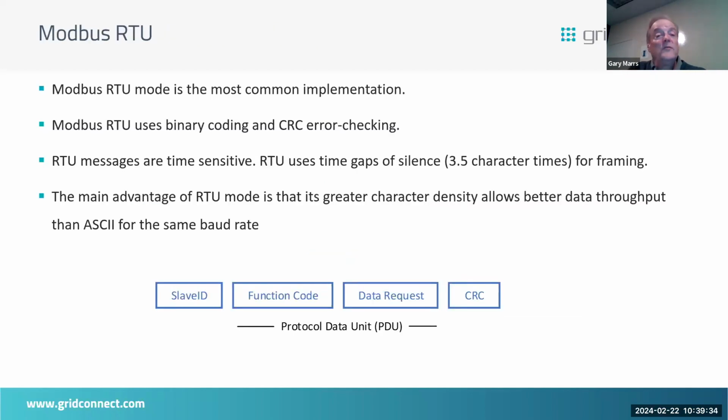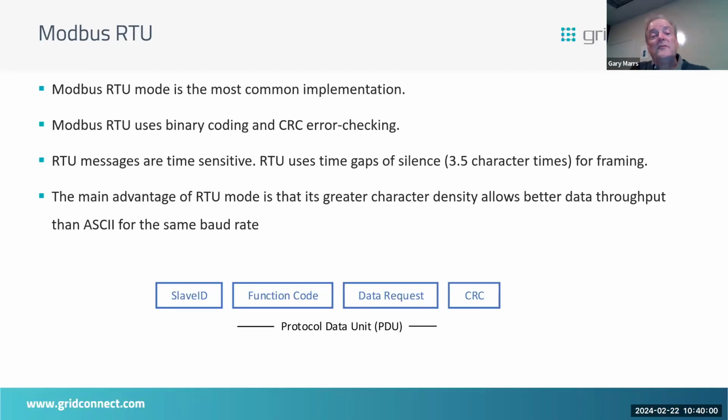There are really two modes that Modbus can be used in. On the serial side, it's Modbus RTU or Modbus ASCII. RTU is by far the most common implementation that we see. The reason why is it's efficient, it uses binary encoding and CRC error checking, so it's pretty reliable.